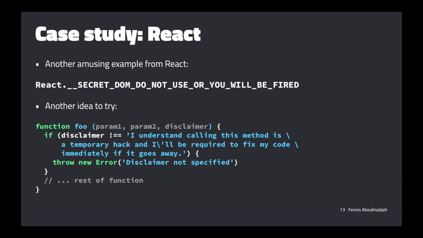So this is also a funny thing I found as another idea. You can make a function, and if you really want users to not use it for some reason, you can add an additional argument where they have to pass in a string that's like some terms that they're agreeing to. If they don't pass that exact string in, then the function will throw an exception.